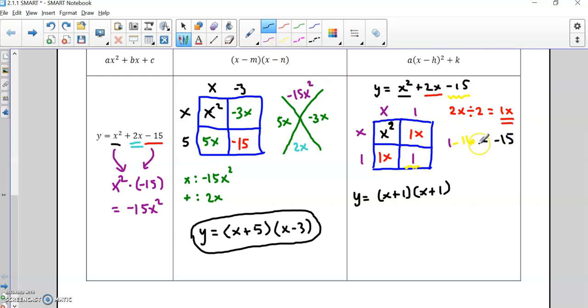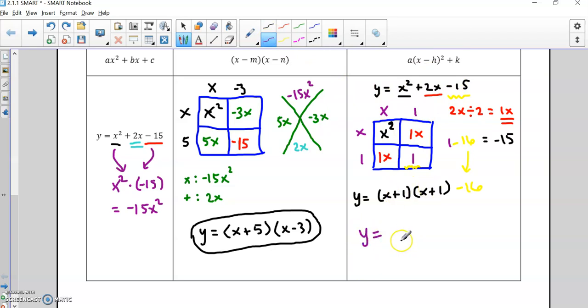This is it right here. The fact that I had to subtract 16 in order to go from 1 to negative 15 is the key. So that tells me that in addition to my x plus 1 times x plus 1, I just need to subtract 16 to achieve my final product. So I can rewrite this in a nicer way.